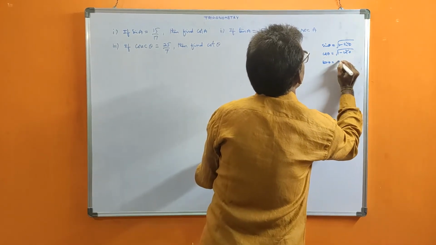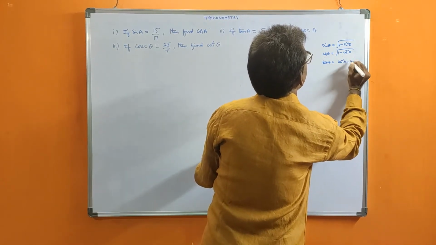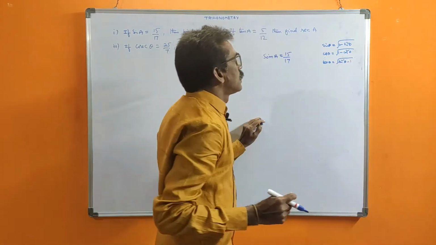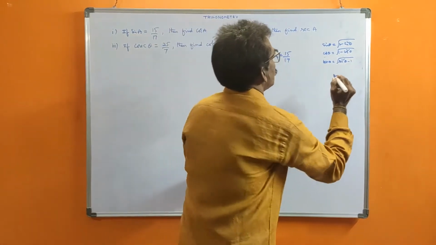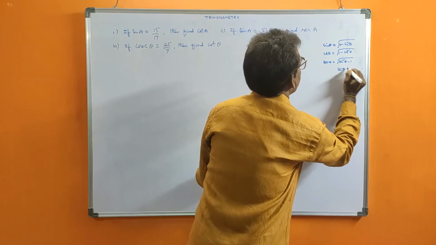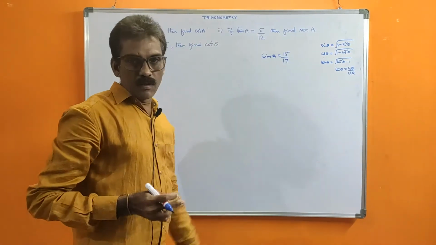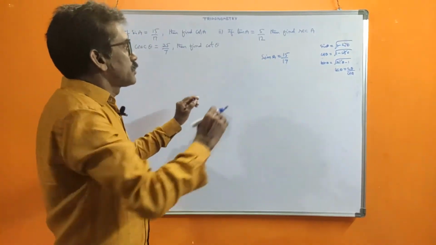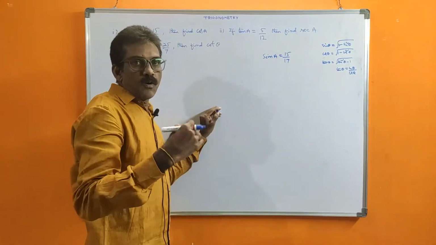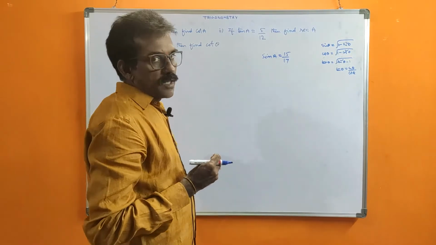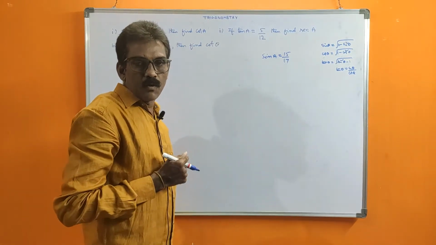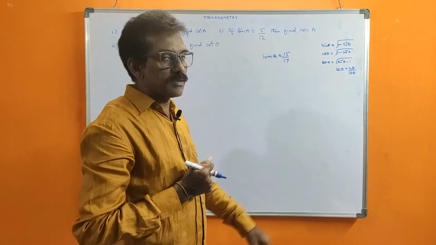These three formulas. Next is tan theta is equal to sin theta by cos theta. These will be useful if you know them well. If one ratio is given, we should find all the other ratios, so that's why these formulas are used.